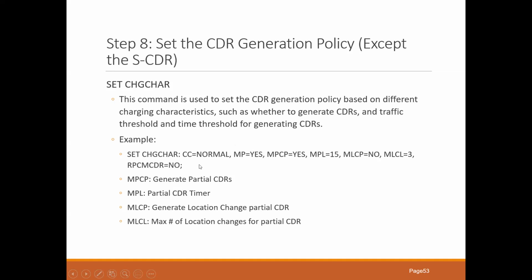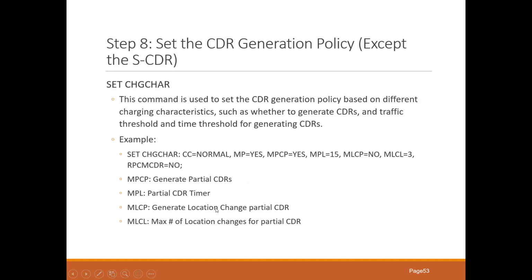As an example, we have this command, SET CG thread, where the charging will be normal. MPS means that an MCDR is going to be created. Then MPCP is whether it will generate partial CDRs or not. We have specified yes, so this CDR can generate partial CDRs as well. Then we can specify the partial CDR timer as well: after every 15 minutes, if the CDR is not closed, it will close the partial CDR and generate a new partial CDR.